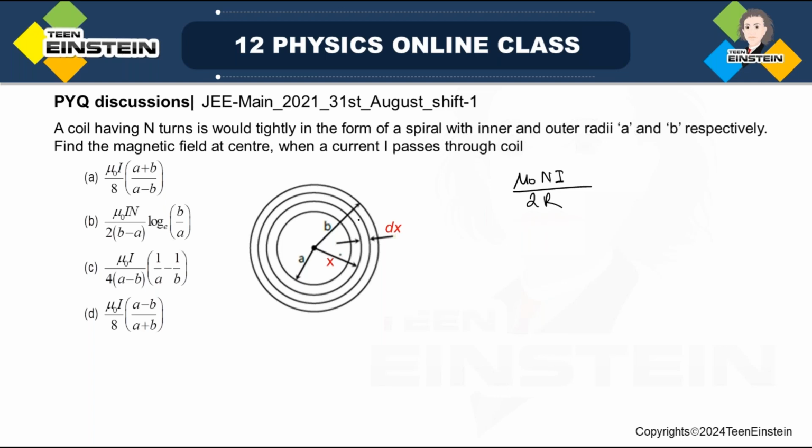So suppose I consider, at x distance from the center, the common center, I'm just taking this particular portion. I'm just taking dx thickness of this spiral at a distance x.